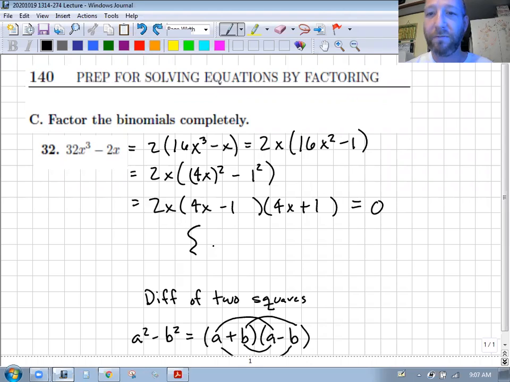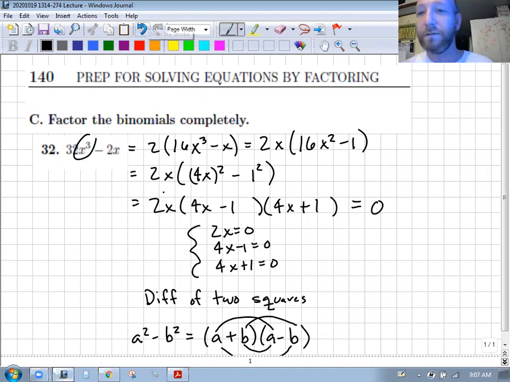So if we were solving, we would set each one of these terms equal to 0 and solve. So this thing has an x to the third power, so there would be 3 solutions to this equation. One of them would be x equals 0.